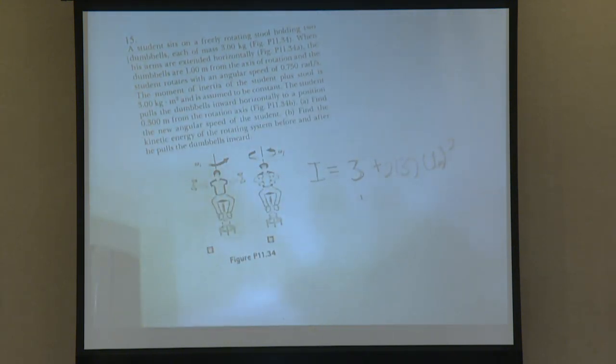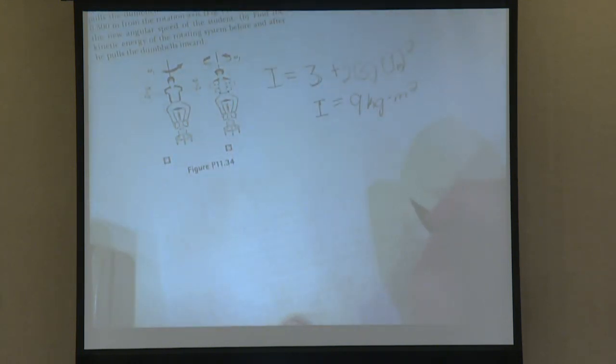And our radius in the first case is going to be 1 meter. Okay, so that gives us a moment of inertia of 9 kilograms times meters squared.